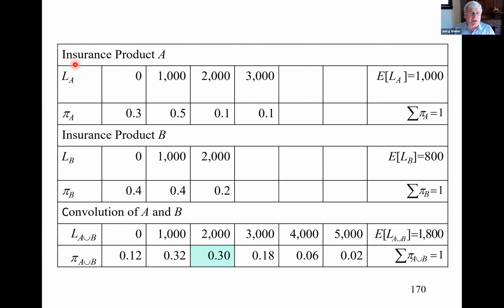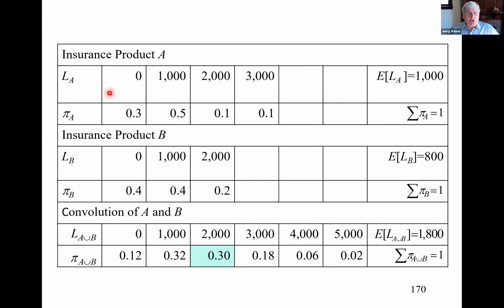Now let's look here. That's insurance product A, and that's the losses. Maybe for insurance product A, four possible outcomes are: the insurance company has to pay nothing, or $1,000, $2,000, or $3,000. Now, this insurance product A could be, for example, fire insurance.